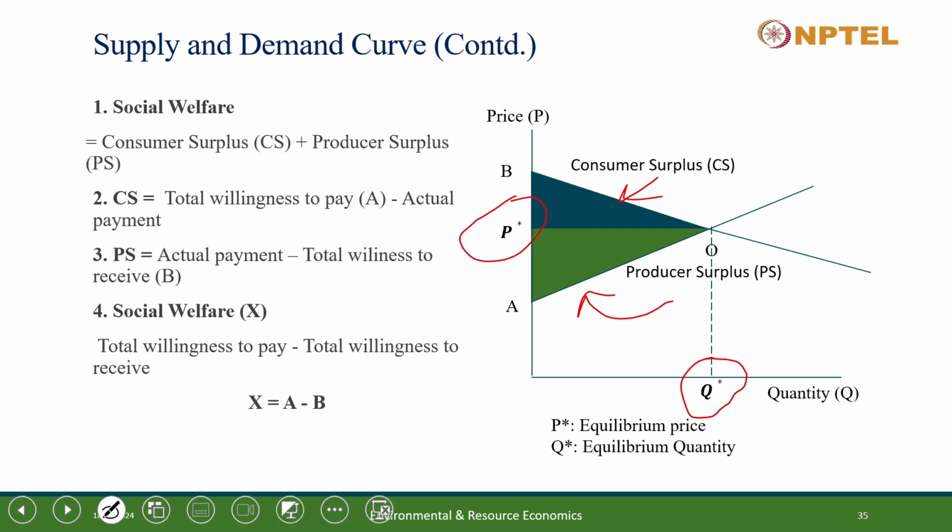So let's say you are looking for buying a car, any car, you are ready to pay 10 lakh rupees, but you are getting it at 5 lakh or 7 lakh, let's say. Then this 3 lakh is the surplus, which this concept is trying to say. Is it clear?